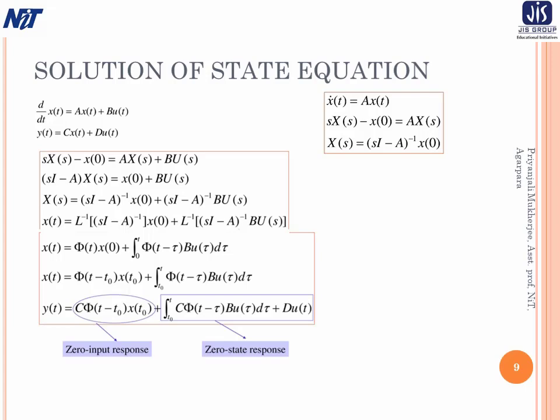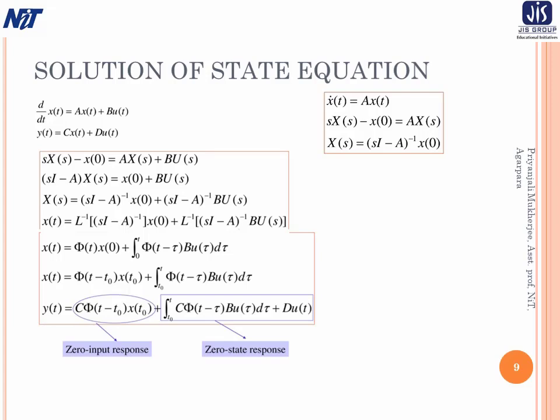Then we can take the Laplace transform on both sides, assuming that initial conditions are present. So we can write sX(s) minus x(0) equal to AX(s). So when sX(s) minus x(0) equal to AX(s), we can find X(s) like this: (sI minus A) inverse into x(0). x(0) is the initial condition. So this one is the solution of the homogeneous equation.